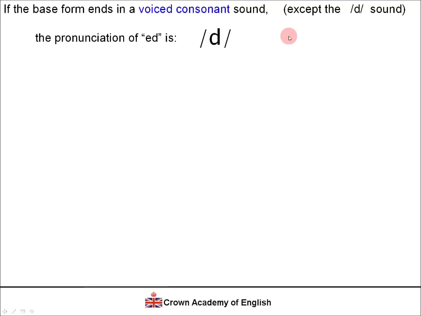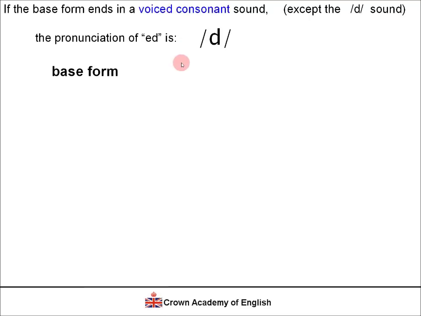A voiced consonant is a consonant sound that comes from the throat, from vibrations in the throat. Example, v, v. If you put your finger on your throat when you make a voiced consonant sound, you will feel your finger vibrate.